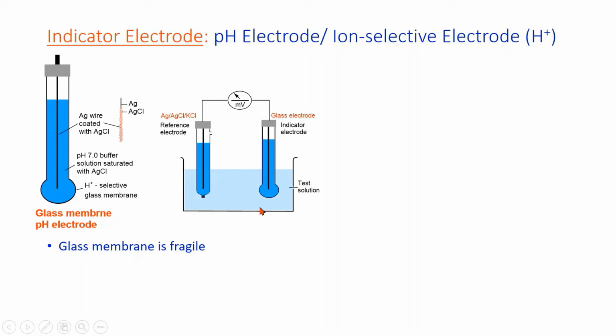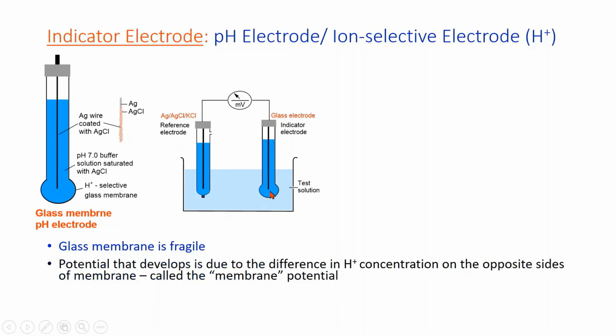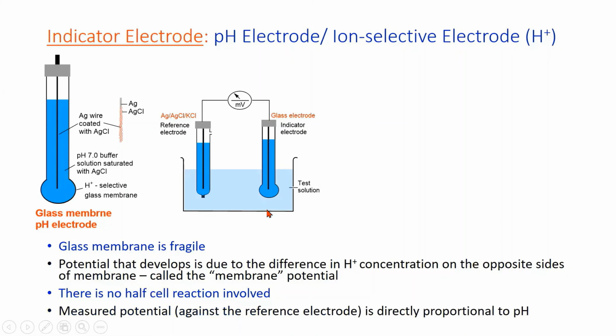In order to measure the pH, the glass electrode is to be connected with a reference electrode. The potential that develops is due to the difference in H ion concentration inside and outside, and this potential is called membrane potential. There is no half-cell reaction involved. The measured potential against the reference electrode is directly proportional to the pH of the solution.